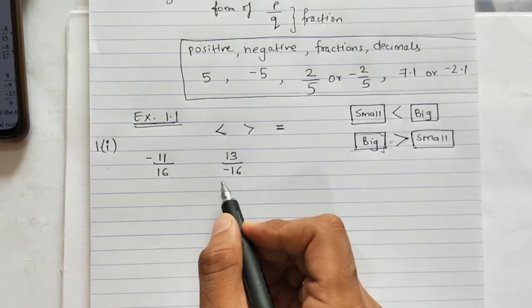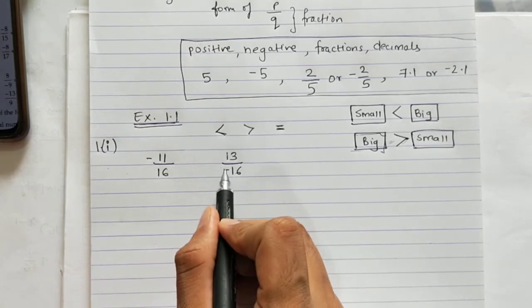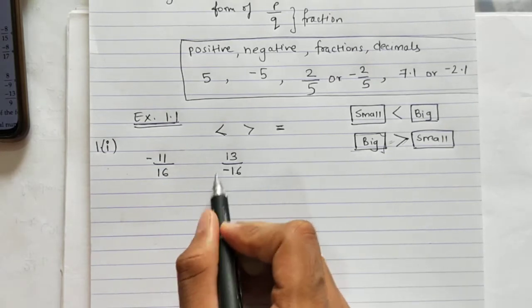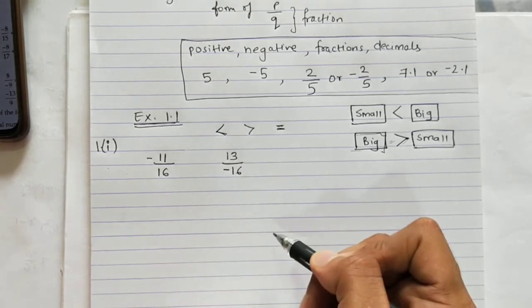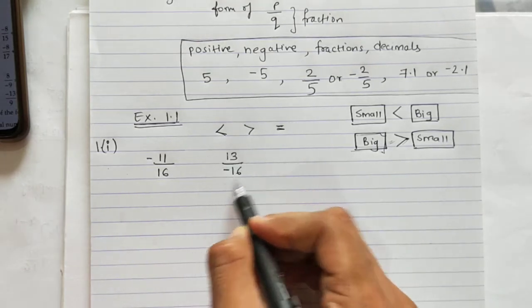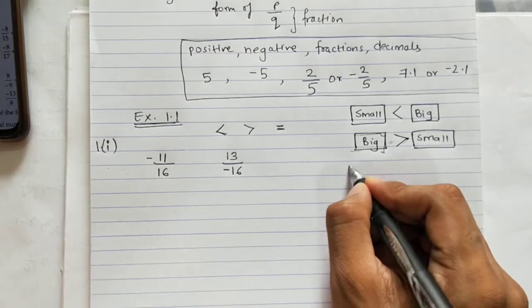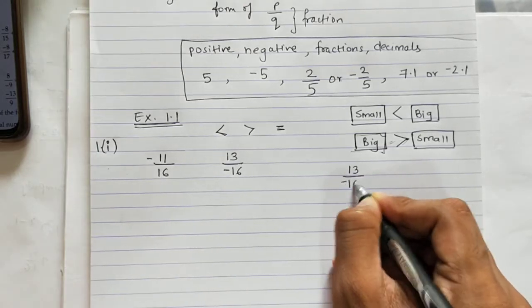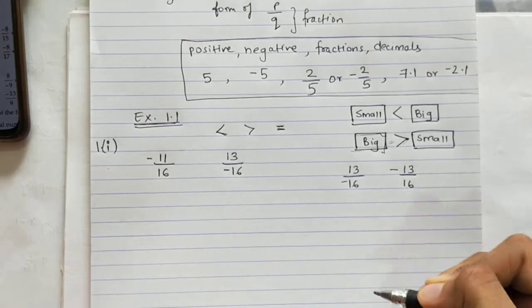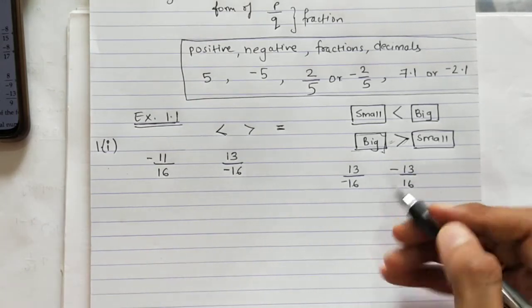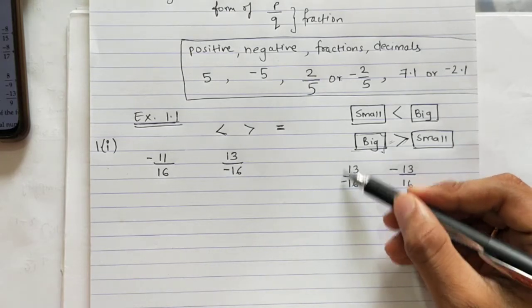First of all, if there is a minus sign in the denominator, I can write this minus sign in the numerator also. It won't change the value of the fraction. If I have 13 upon minus 16, I can write this as minus 13 upon 16 also. The minus sign can be shifted anywhere.